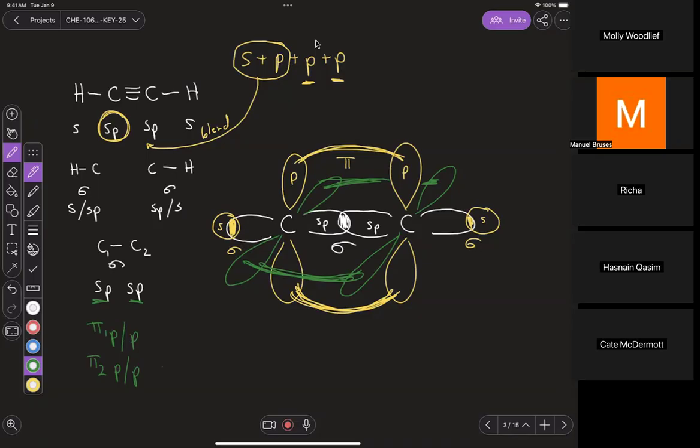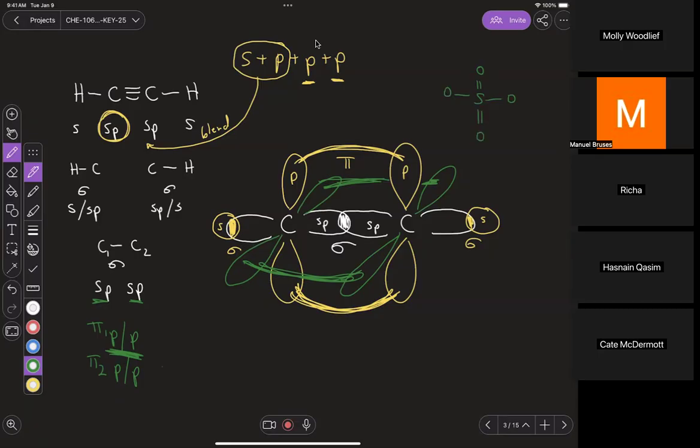Our sigma bonds can be atomic orbital to atomic orbital, or hybrid to hybrid orbital. Our pi bonds, we will only see two types of pi bonds. It'll either be p orbital to a p orbital, or like in the case we worked through in class with the sulfate, it might be p orbital to a d orbital.